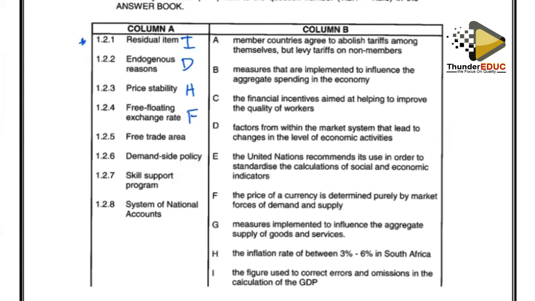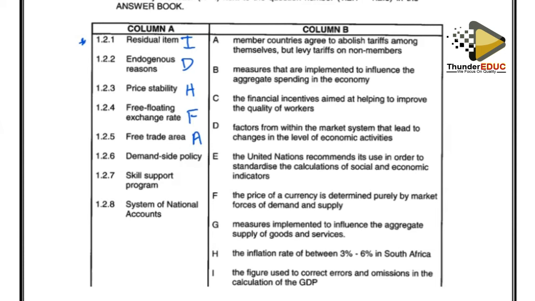Then let's move on to 1.2.5, free trade area. So free trade area, in this regard, we said the member countries agree to abolish tariffs among themselves, but levy tariffs on non-members. Okay, right. So now let's check 1.2.6, demand side policy.